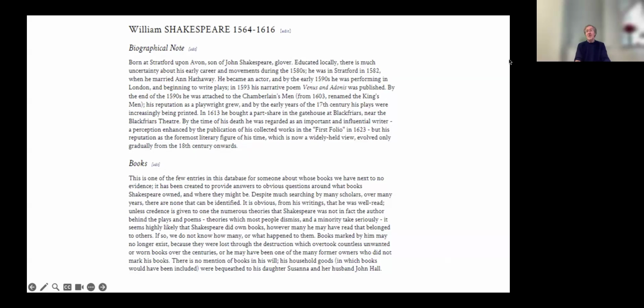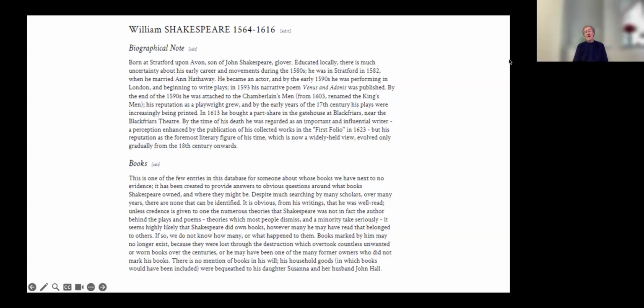The only entry so far in the database for somebody who didn't own any books is Shakespeare, because I did create an entry for Shakespeare, because he is somebody whose books researchers regularly seek, and it is well known by Shakespeare scholars that despite endless searching, no book owned by Shakespeare can be found today that definitely belonged to him.